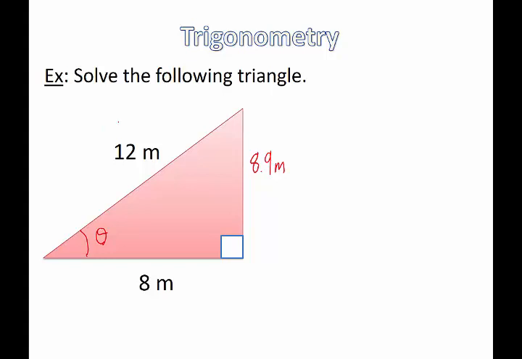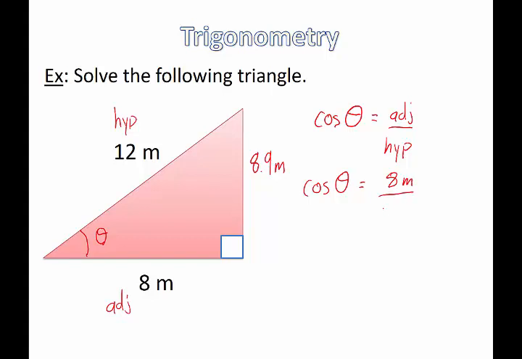In this case, that means we have the hypotenuse and the adjacent. If we look back to our trig ratios, that tells us we are going to use the cosine of the angle, because cosine is adjacent over hypotenuse. So cosine of the angle, the adjacent in this case is 8 meters, and the hypotenuse is 12 meters.